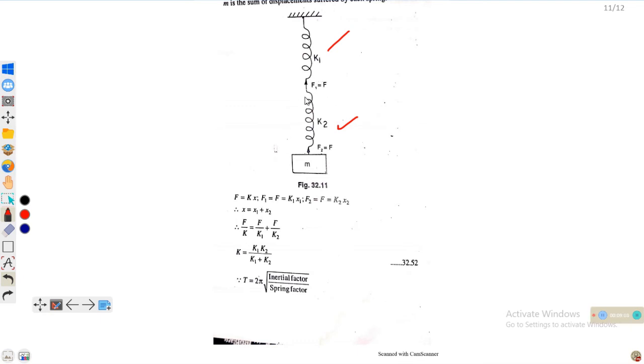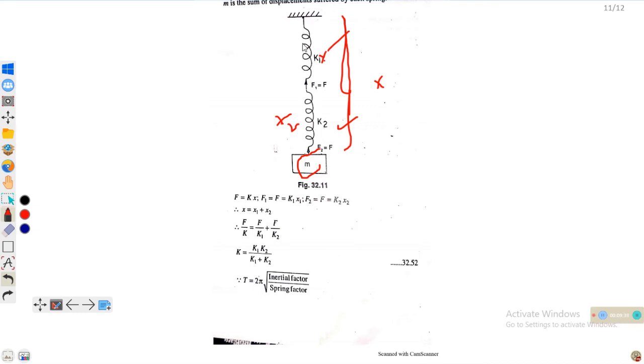In this case, net force F is acting and the total displacement is x, the displacement in the first spring is x1 and the displacement in the second spring is x2. So our total displacement x will be equal to the sum of x1 plus x2, because this is the total displacement, which is x, and this x is a combination of x1 plus x2.